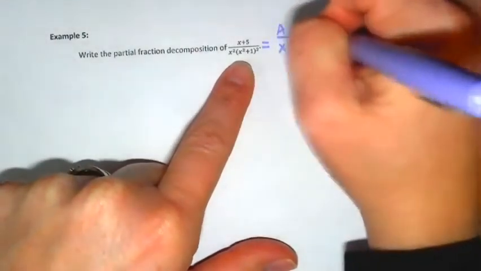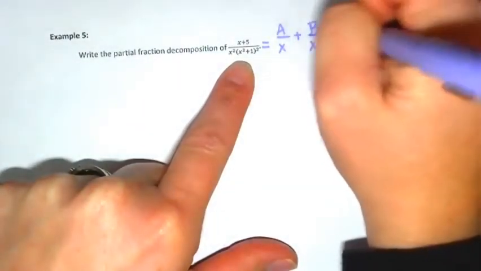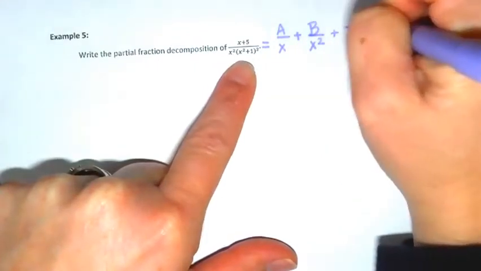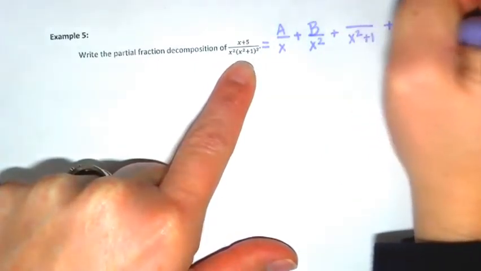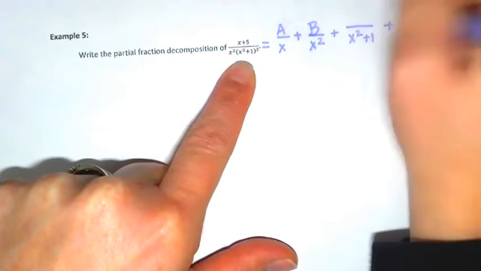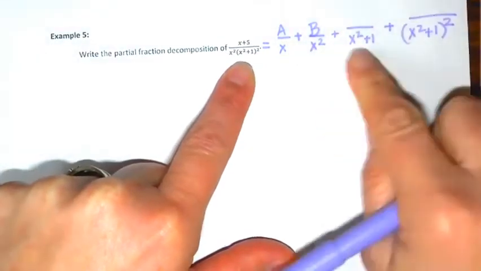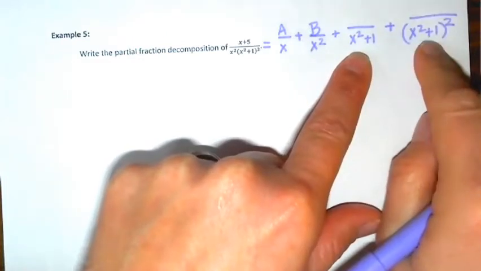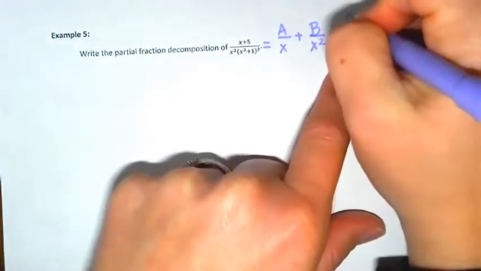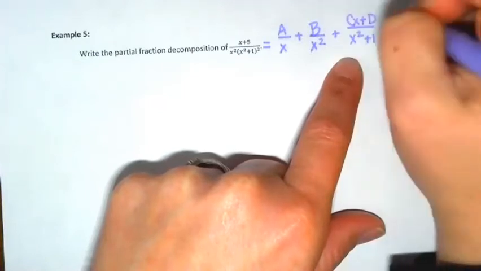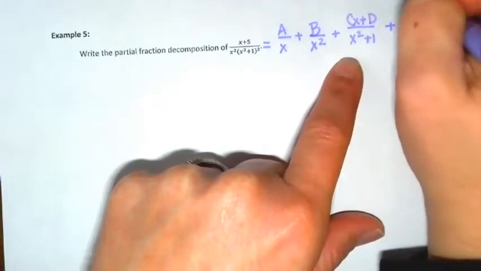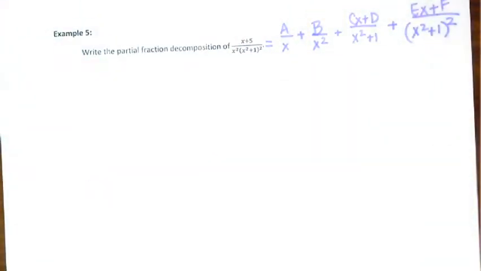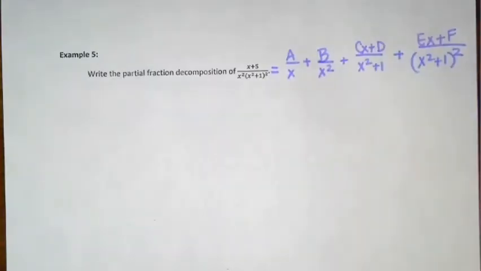So we're going to have that x squared plus 1. And then we're going to have it as x squared plus 1 squared, correct? So now as I look at this, because it's a quadratic function of x squared plus 1, we will have cx plus d, and we'll have like ex plus f. Okay, so lots of letters here, right?